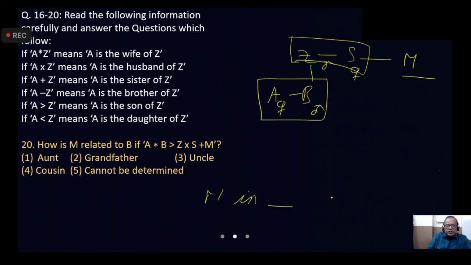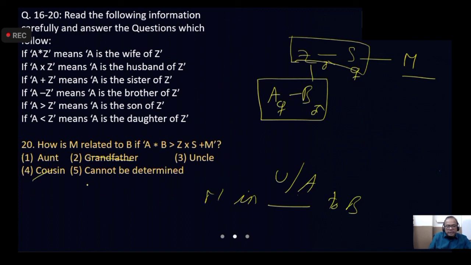So M is dash to B. So what should we write here, uncle or aunt? Either uncle or aunt. So aunt we cannot pick because uncle is also possible. Uncle we cannot pick because aunt is also possible. Choice number 2 is eliminated, 4 is also eliminated.